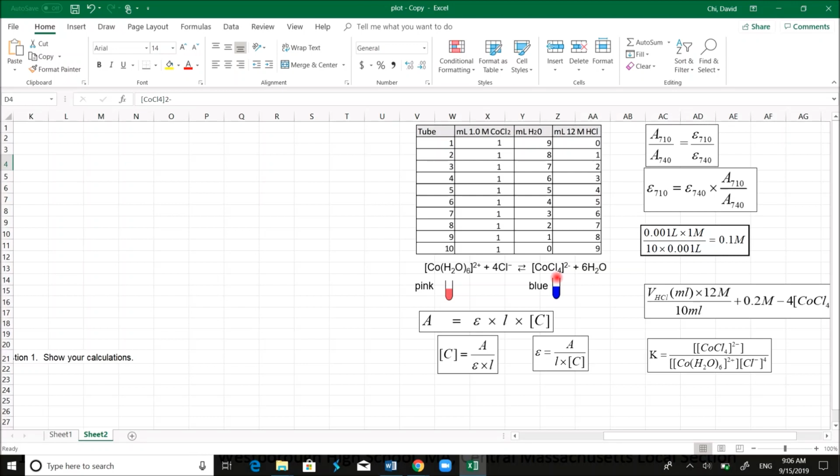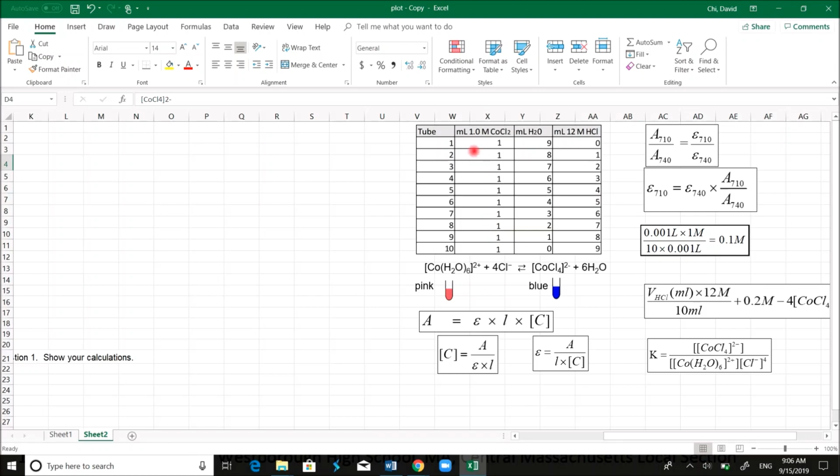In other words, the concentration of cobalt tetrachloride ion in number 10 test tube should equal the total concentration of cobalt ion, or the cobalt chloride concentration that you added in the system. What is it?